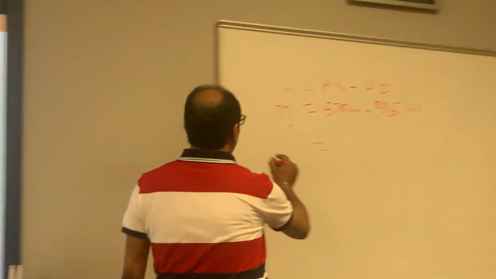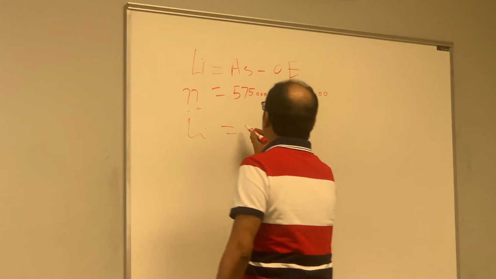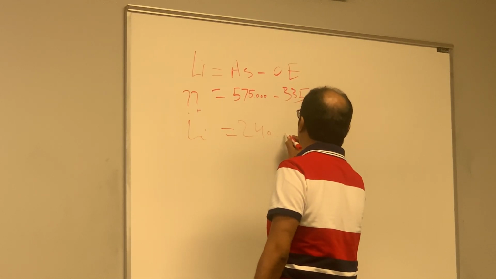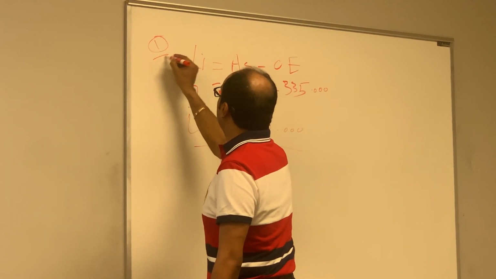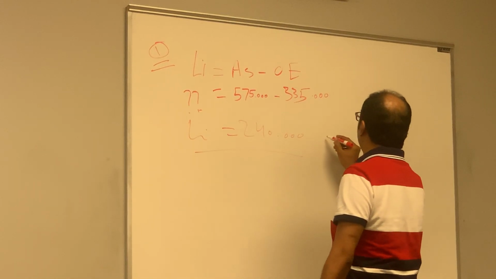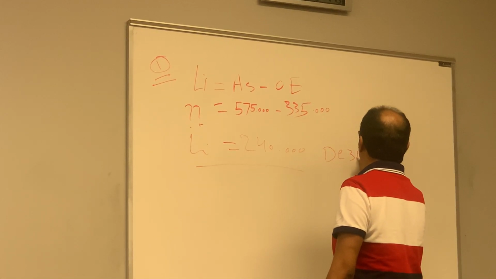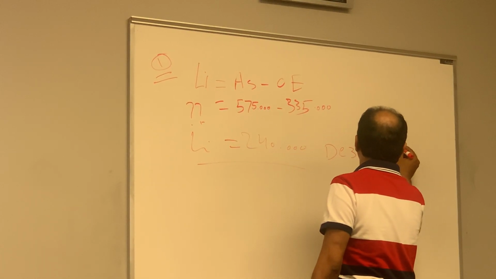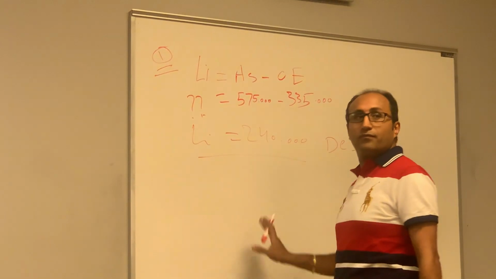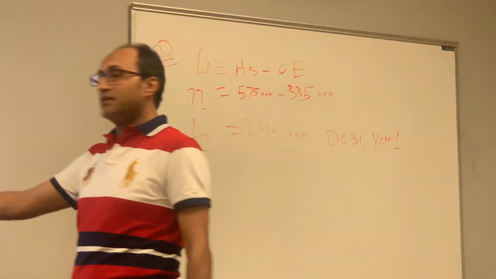Perfect. So liabilities here are $240,000. This is the first requirement, December 31, year 1.